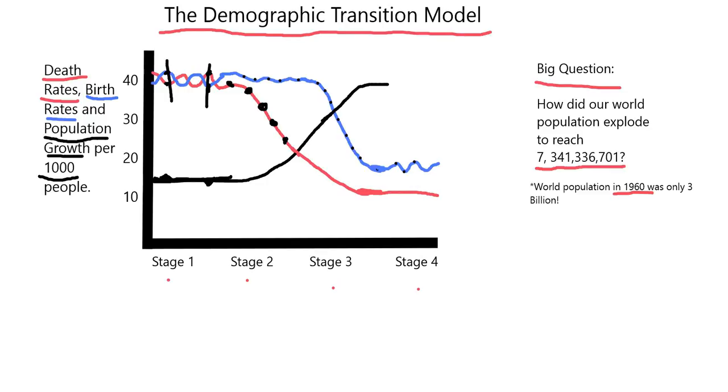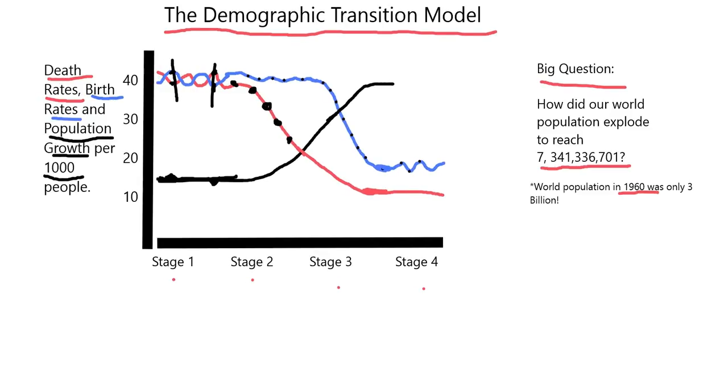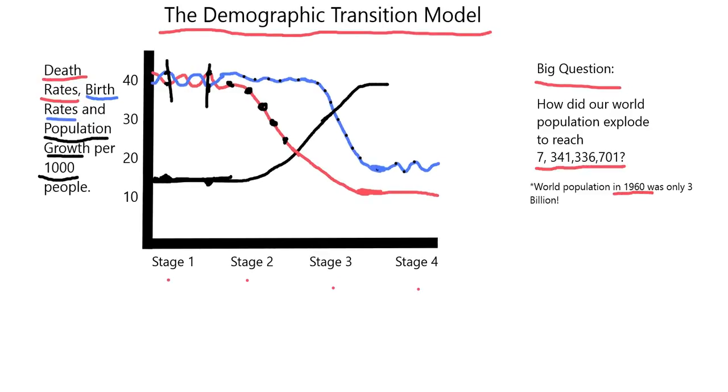So you will see some variation, but not much. You see a pretty stagnant line going across there. And then our overall trend for population growth will be almost exactly the same. The population growth will be very similar to our birth rate line. It's just going to fluctuate ever so slightly but remain consistent with pretty stagnant growth.